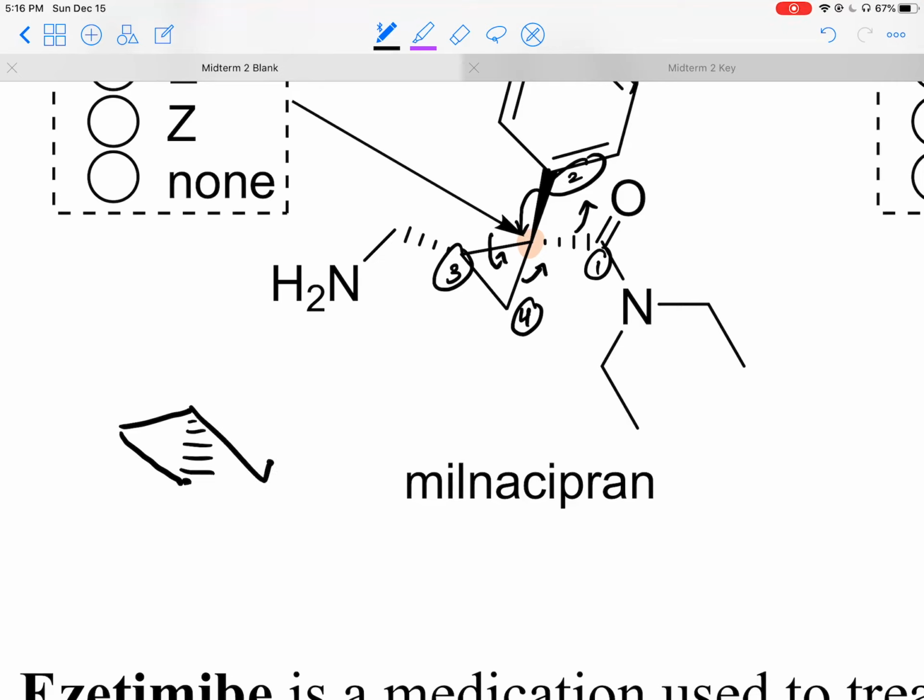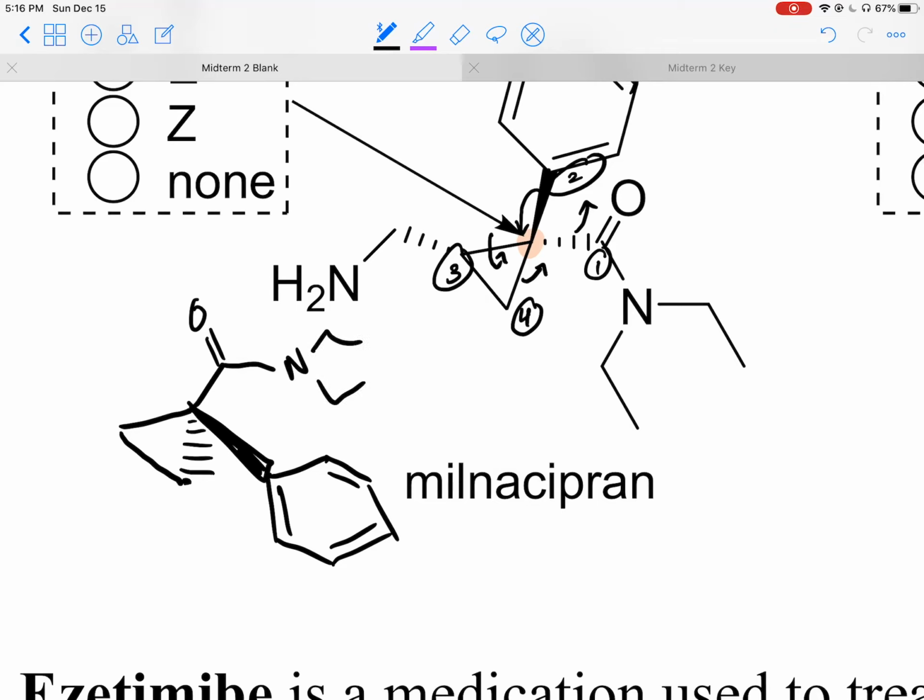The benzene is now going to be right here. And then the amide is going to come out in front right here. Nitrogen, and then ethyl. And we still have this, NH2.